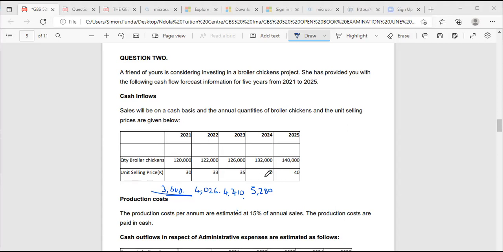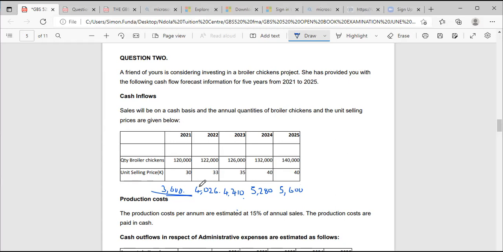We are going to make 5,600,000 kwacha. So these are our sales from year 2021 to year 2025.